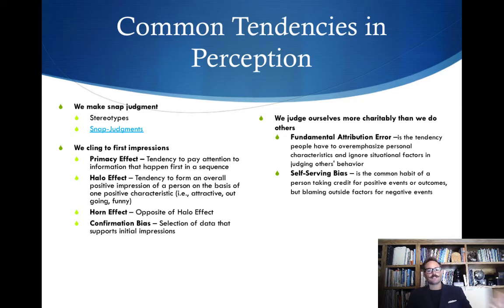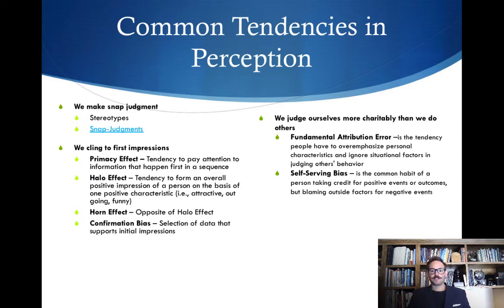So let's say you have a coworker who's constantly showing up late to work. It's so easy to overemphasize personal characteristics and say, this person is super lazy, or they aren't good at time management because they're always showing up late, right? While ignoring the situational factors.